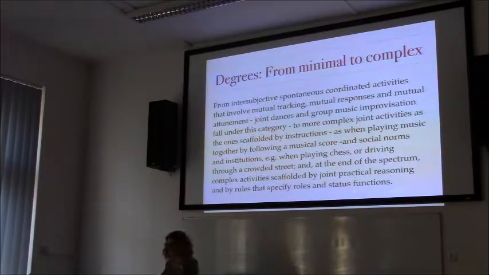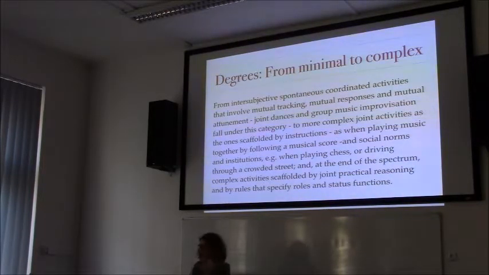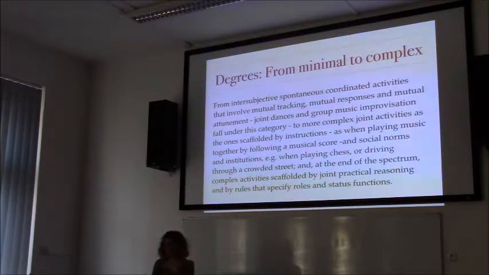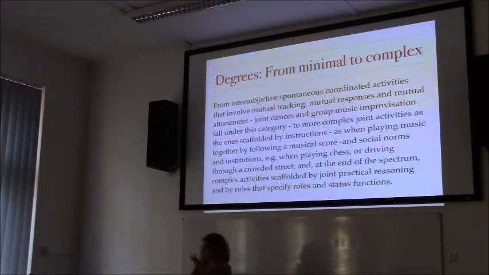So, from intersubjective spontaneous coordinated activities that involve mutual tracking, mutual responses, and mutual attunement, such as shared dancing, group music improvisation, and so on, we move to more complex joint activities, such as those scaffolded by instructions, for example when we play together following a musical score. And actions that are scaffolded by the social norms of institutions, for example when we play chess together or drive alongside each other through a crowded street.